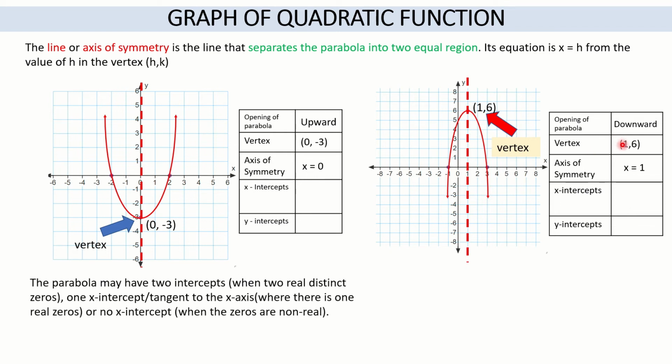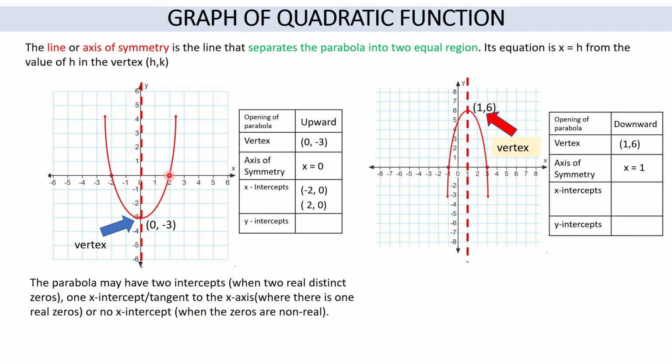Okay. Also, the parabola may have two x-intercepts when there are two real distinct zeros, one x-intercept when it is tangent to the x-axis, where there is one real zero, or no x-intercept when the zeros are non-real. So here the x-intercepts are at (-2, 0) and (2, 0).